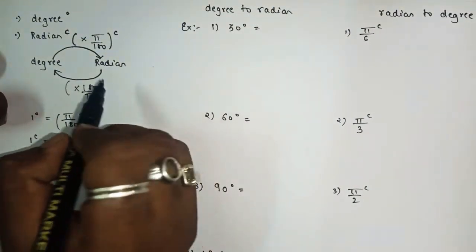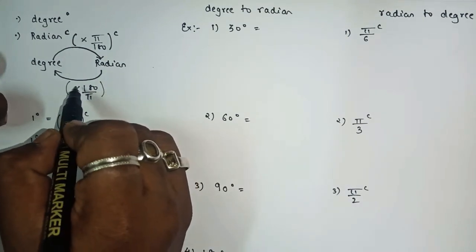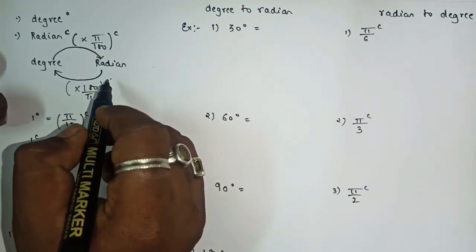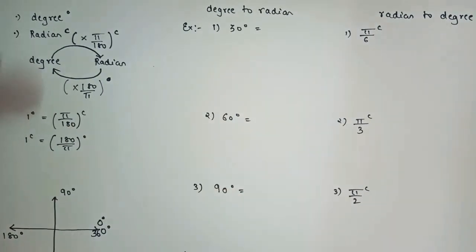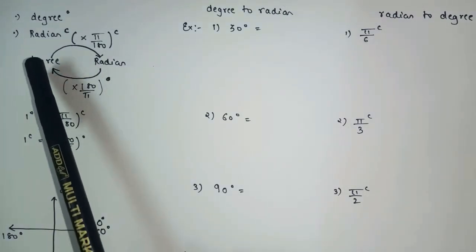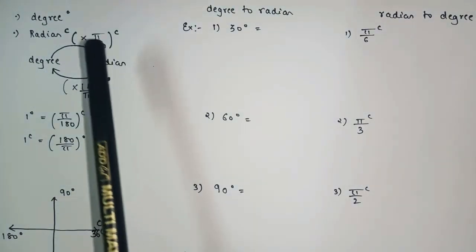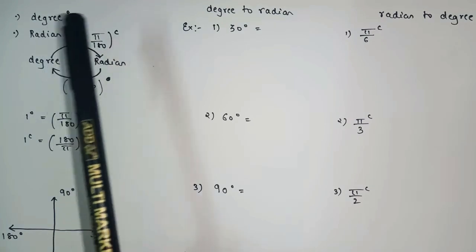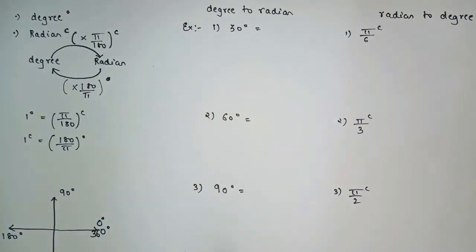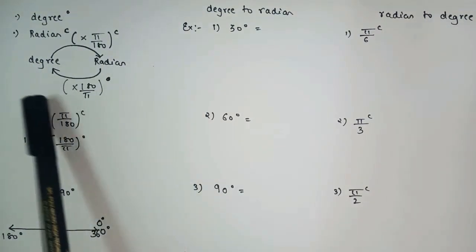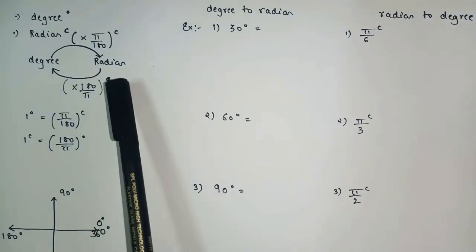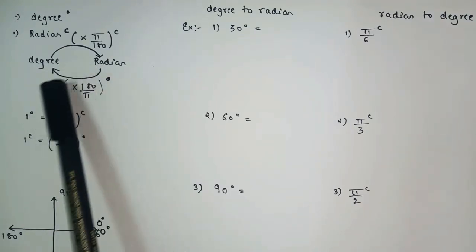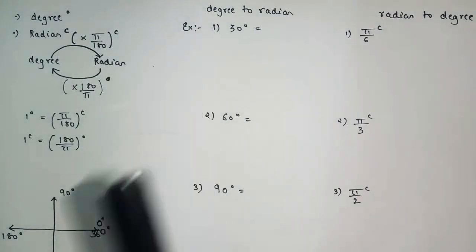So whenever you multiply any number by 180 upon pi, it will get converted into what? Degree. Got the point? So this is the concept. It is very simple. When you have to convert degree into radian, simply multiply by pi by 180, and if you want to convert radian into degree, simply multiply that term by 180 upon pi, and it will get converted into degree.